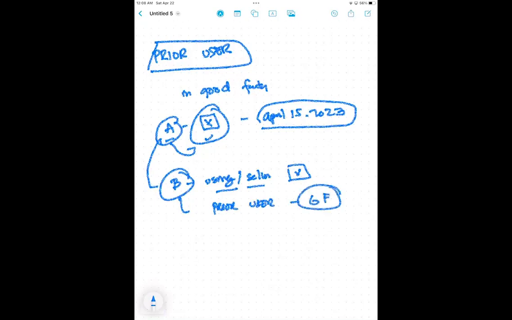So dapat may good faith. Halimbawa, if B was able to use or sell X kasi nga nag-spy lang pala siya kay X, kay A. Habang ginagawa ni A yung X na to, nag-spy si B, and because of that, nalaman niya paano ba gumawa nito. So, B will not be excused for using or selling X, right? Because he is not in good faith.